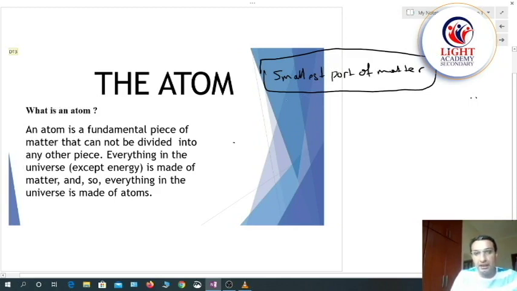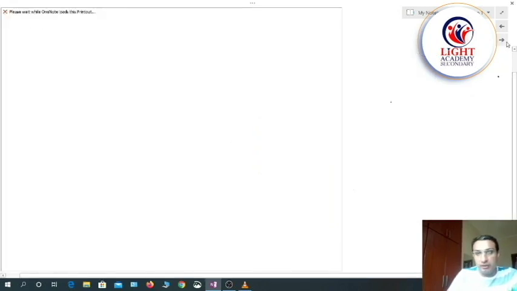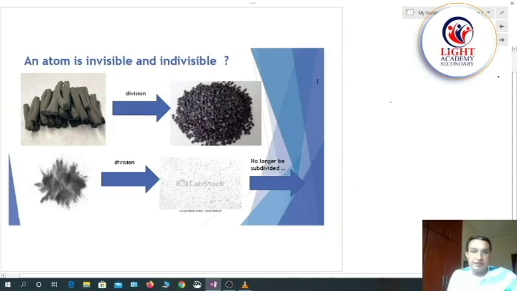What does it mean? Here I have an example to demonstrate why an atom is invisible and indivisible. Suppose you have some pieces of charcoal and you are going to cut them into as many pieces as possible. Initially you have big pieces of charcoal.